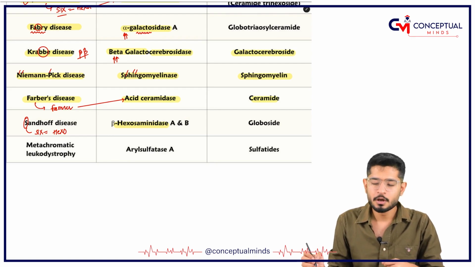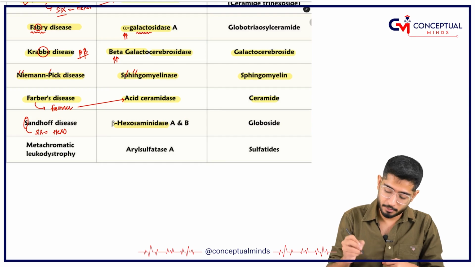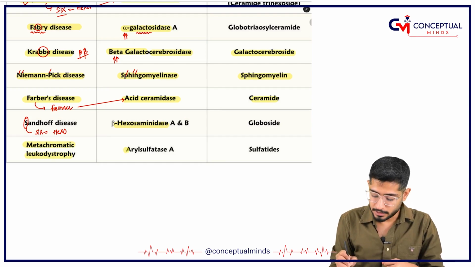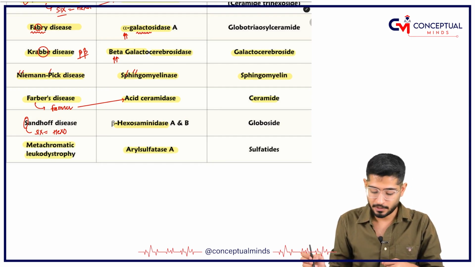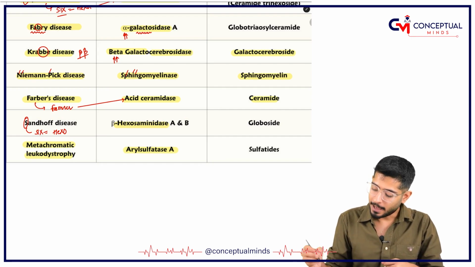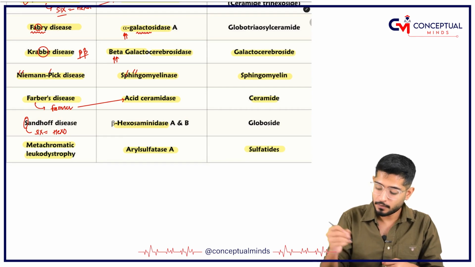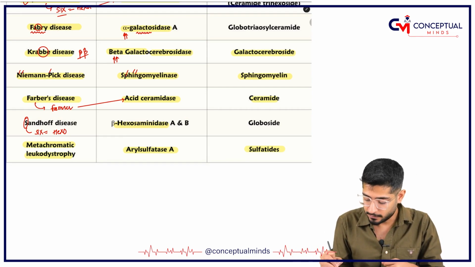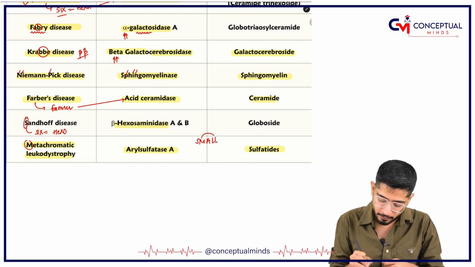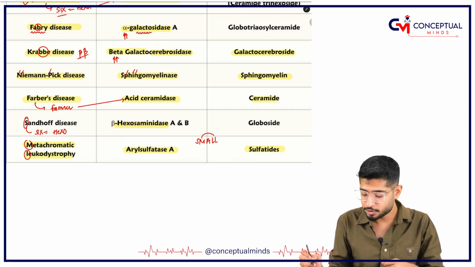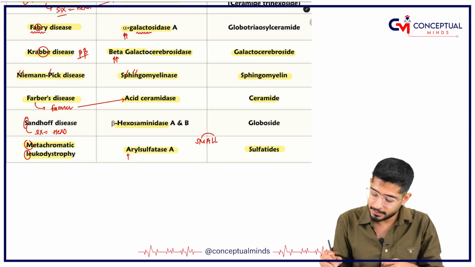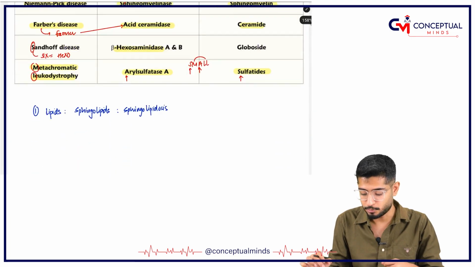This is important, where you will have deficiency of aryl sulfatase A. This you have to remember, and it leads to accumulation of sulfatides also. The mnemonic is small: M for metachromatic, L for leukodystrophy, A for aryl sulfatase A, and S for sulfatides, which are going to get accumulated.